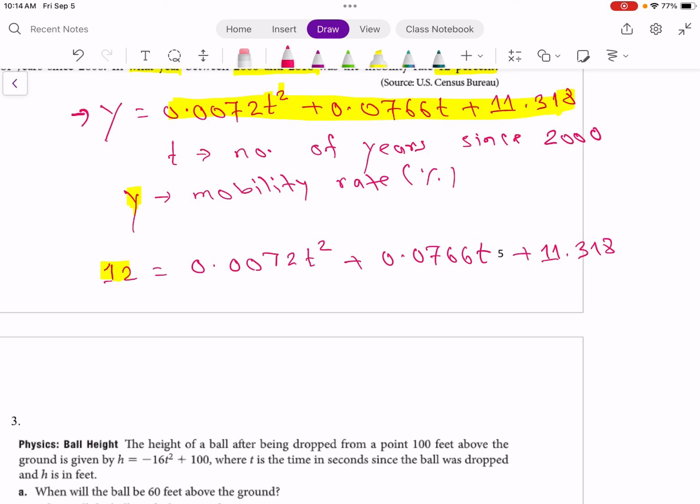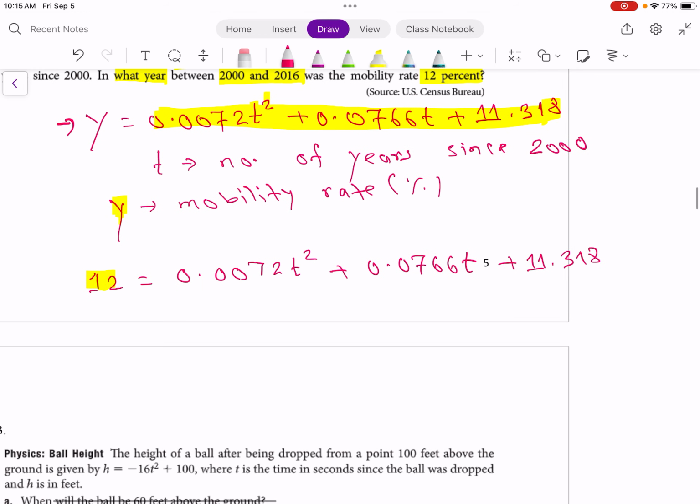Which method do you want to use here? We always go for the easy one, right? Factoring will not be easy, completing the square is already not easy, so let's go ahead and use the quadratic formula.